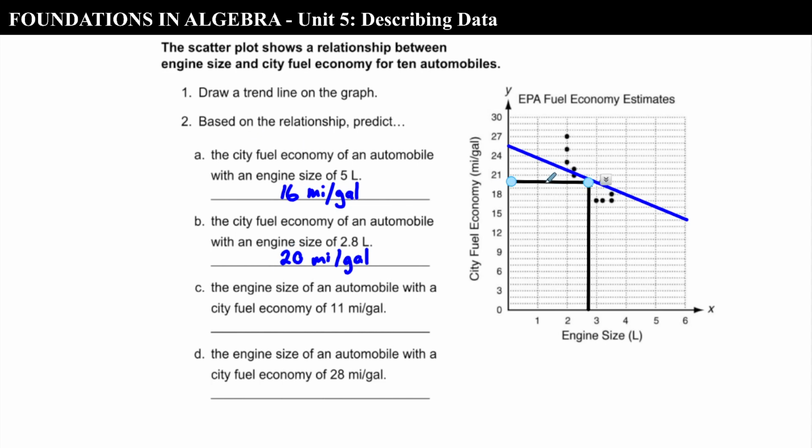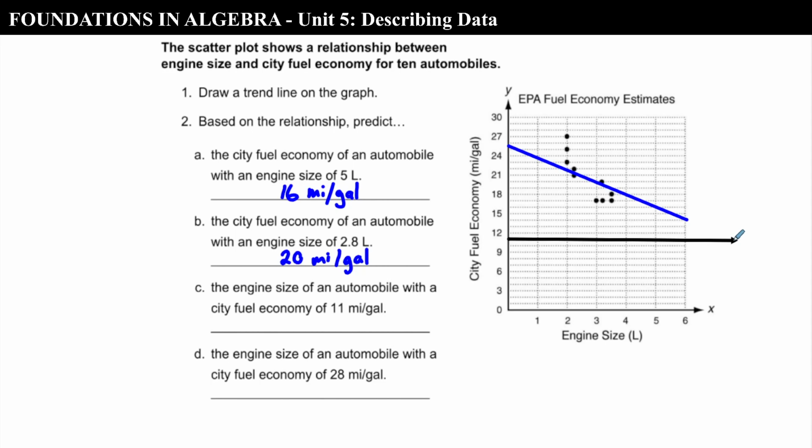Now we are given a fuel economy, and we want to see what the engine size is. We want to find out the engine size of an automobile with a city fuel economy of 11 miles per gallon. So let's start at 11 miles per gallon, which would be here. And if you follow that over, this doesn't really do much for us because our trend line goes off the graph, but let's extrapolate.